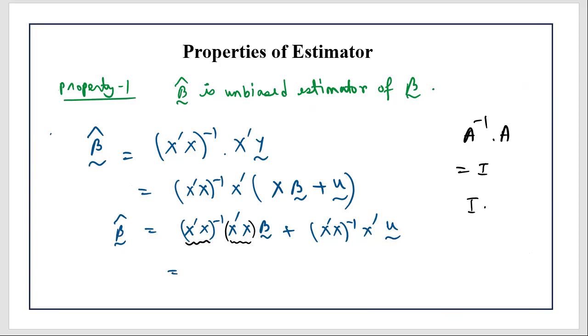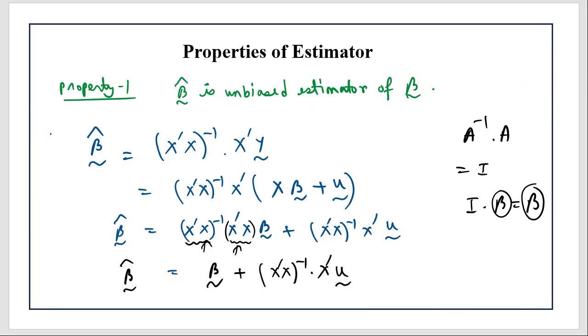Now, if you multiply the identity matrix with any other matrix, only that matrix comes out. So here the value will be only beta. The product of these two things, identity into beta, will simply give us beta, and now this term is as it is.